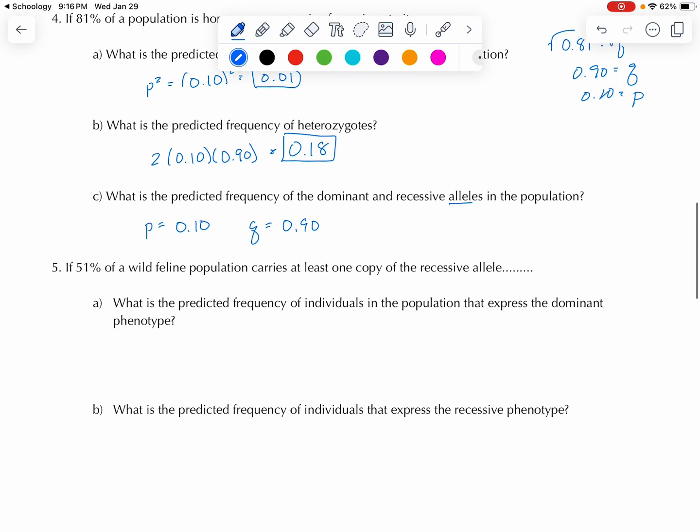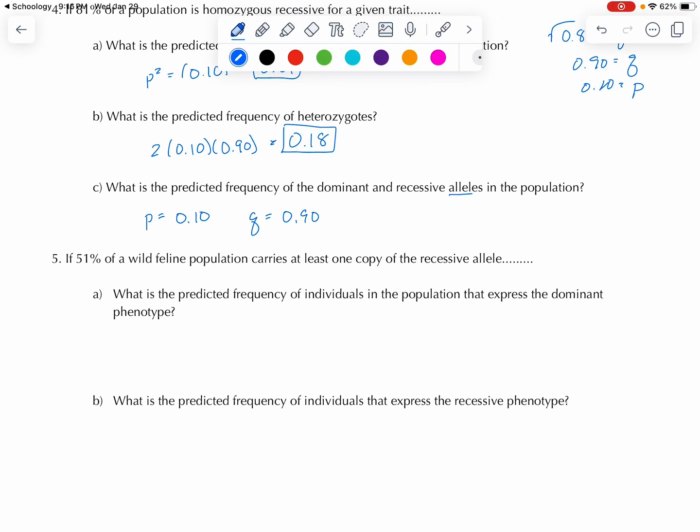All right, next one says 51% of a wild feline population carries at least one copy of the recessive allele. Okay, so that's kind of a weird way to say something, right? At least one copy of the recessive allele. Well, again, we could just make up some letter. Okay, let's say it's F for fur color, right?